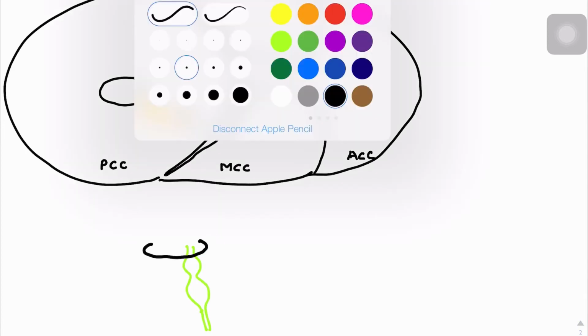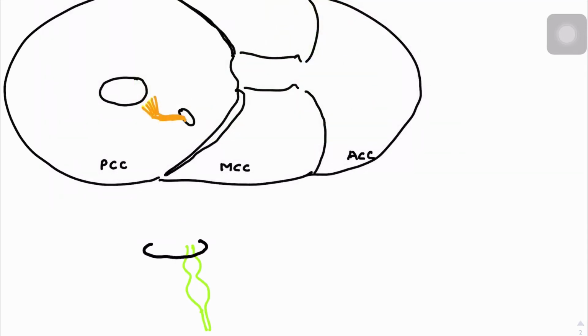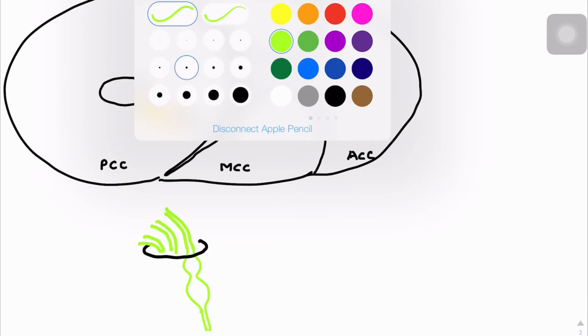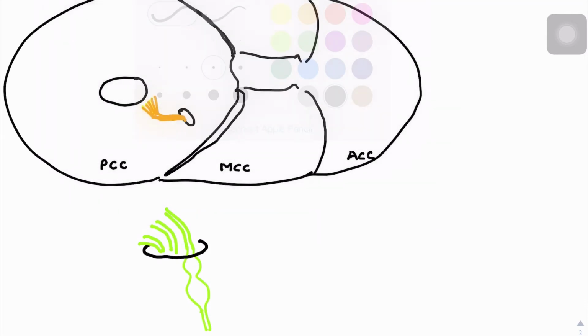Now along with these two, I get the vagus nerve. So I'll draw the vagus nerve behind it and the accessory nerve. So I have three nerves now. Those nerves are the 9th, 10th and 11th.